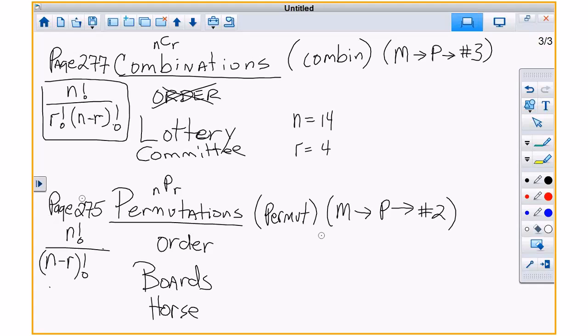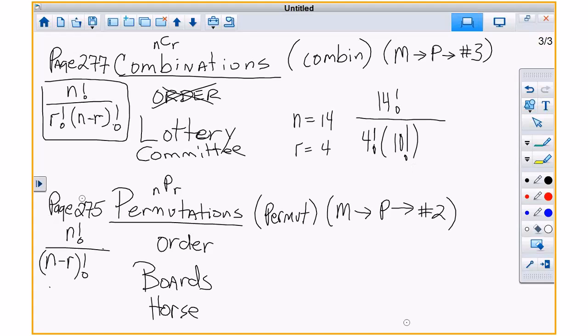I think it was something like that. And plug and chug. So we got 14 factorial over R, which is 4 factorial, times, and what's 14 minus 4? 10 factorial.